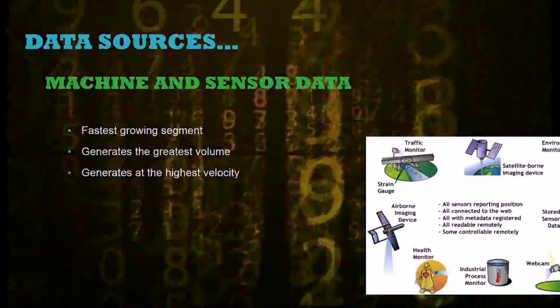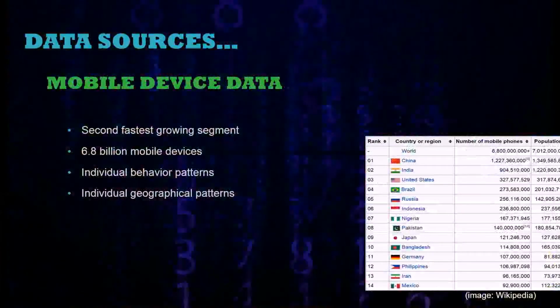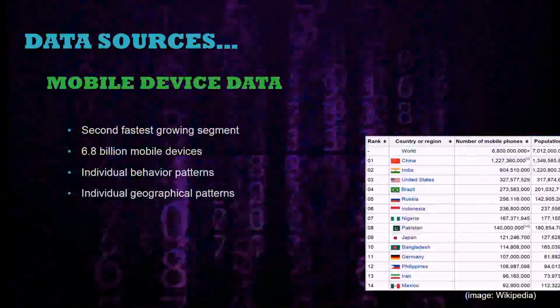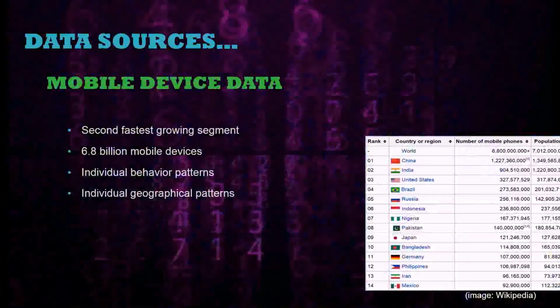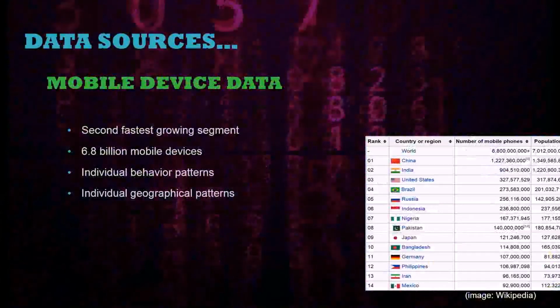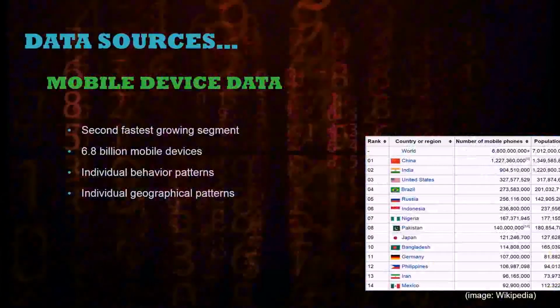Next, mobile device data. This is a really interesting area. We have now instrumented ourselves. You can see here the number of mobile phones. This was as of last year. Almost 7 billion phones on the planet.